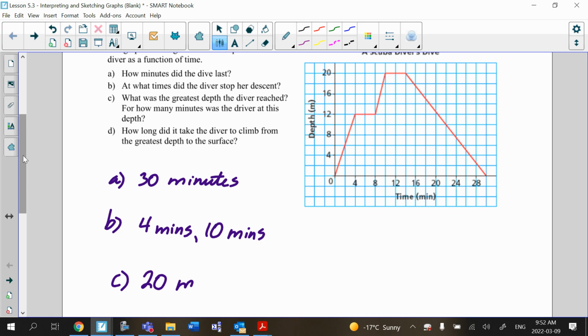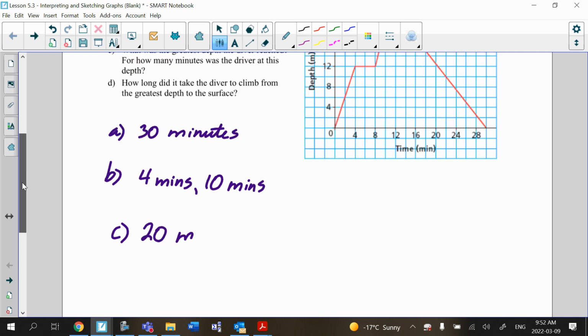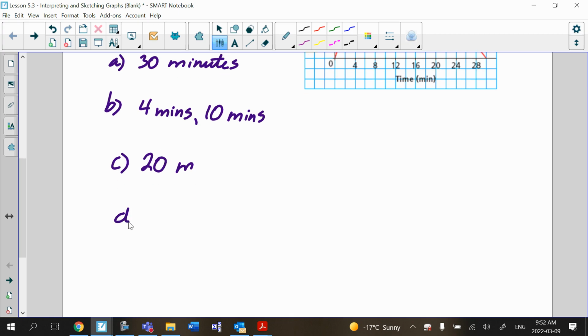So I just need to find the difference between 14 and 30. So 30 minus 14 will tell me how long it took her to get up, which is 16 minutes. See if you can answer the ones on the next page, the next example.